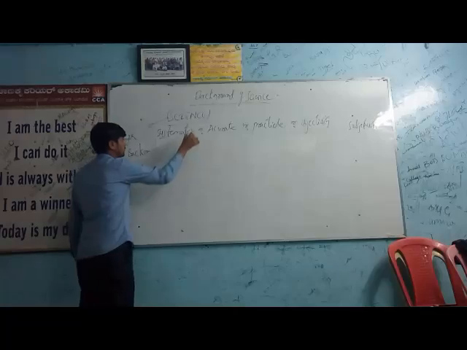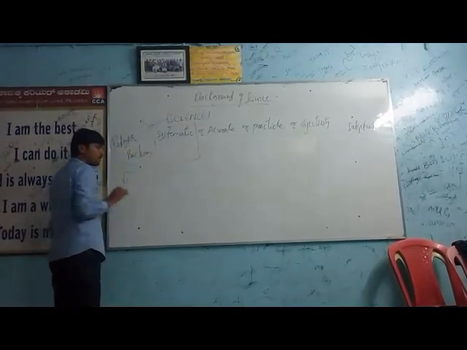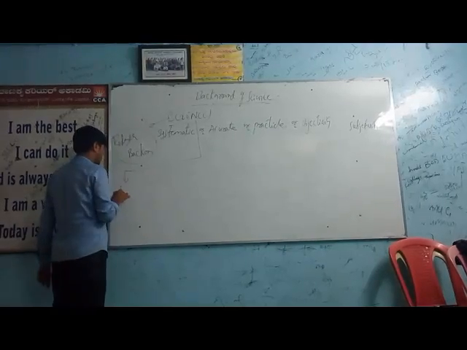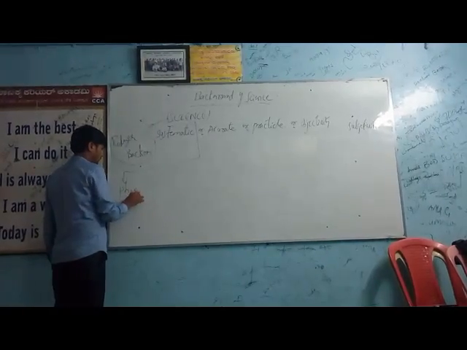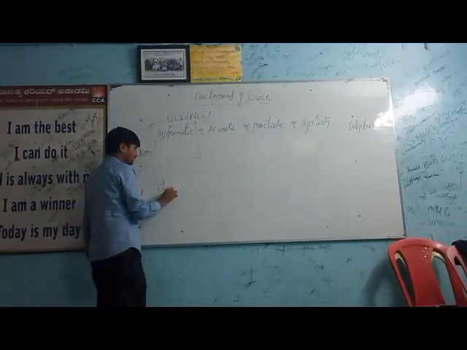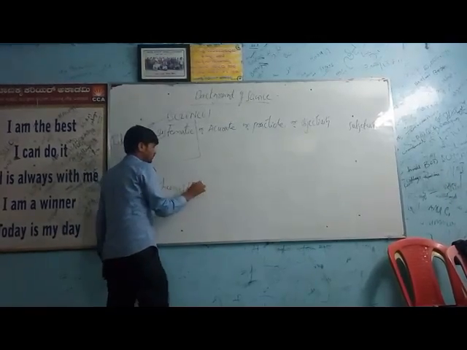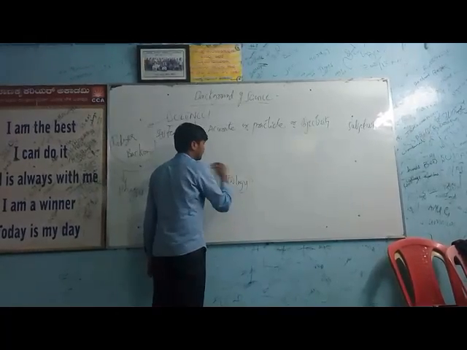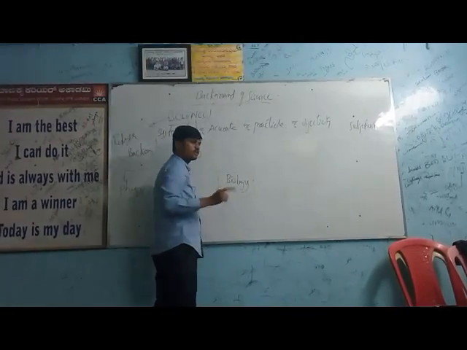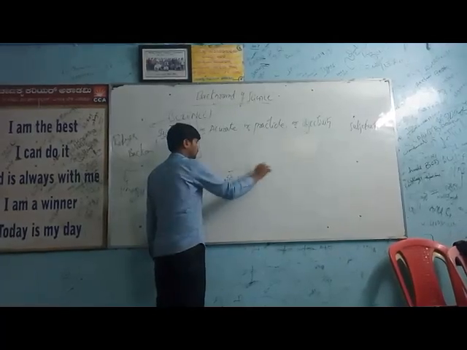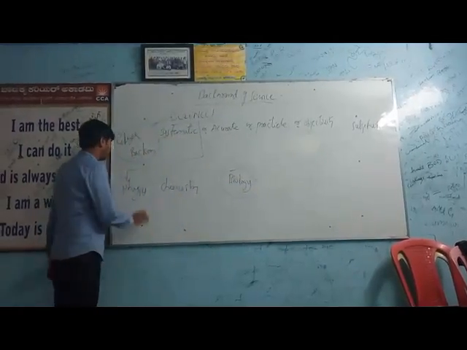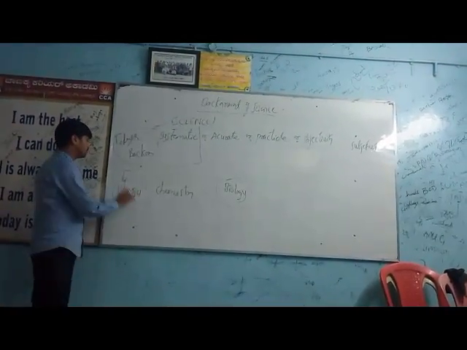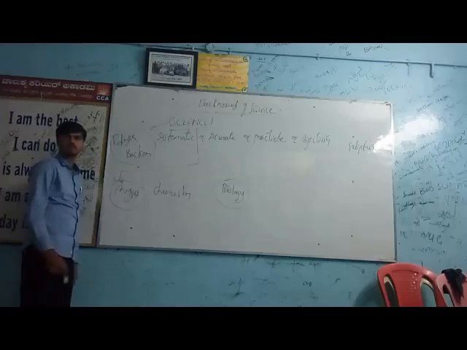Science is divided into three groups. The first is physics, the second is chemistry, and the third is biology. Biology has already been taught to you, so I will teach you only physics; that is my syllabus.